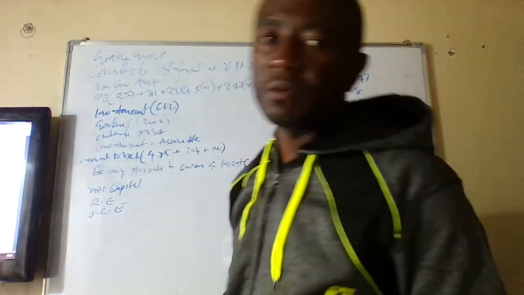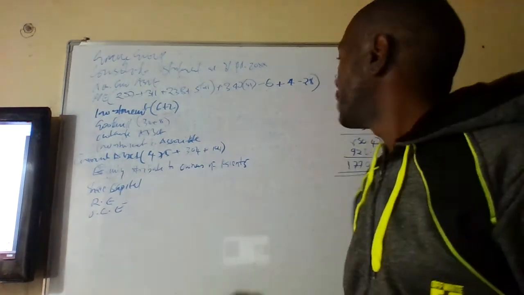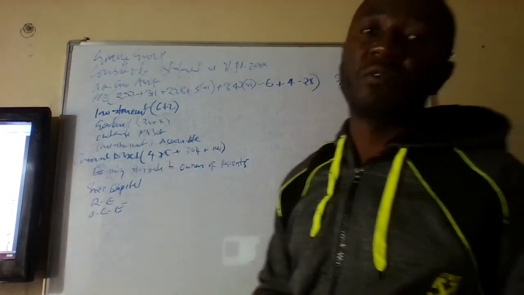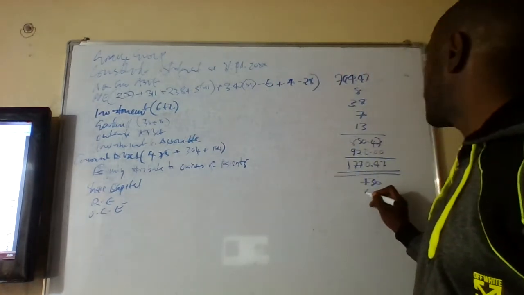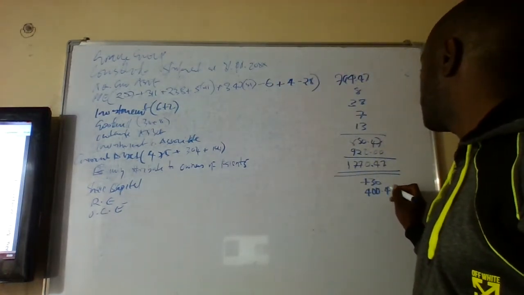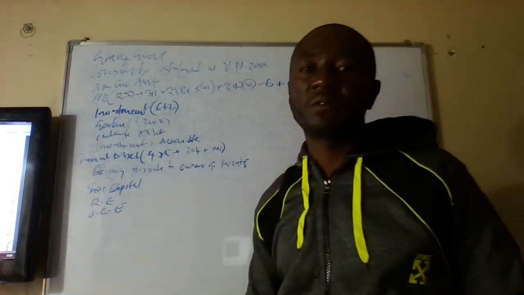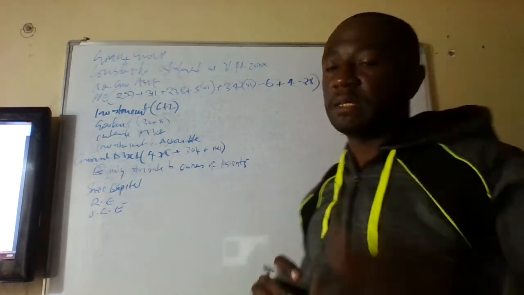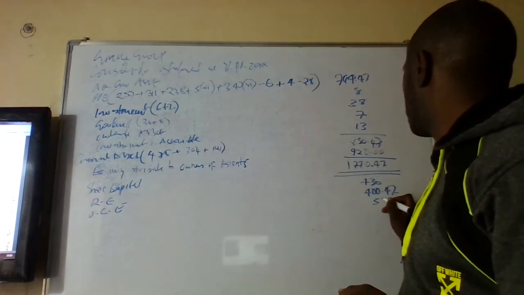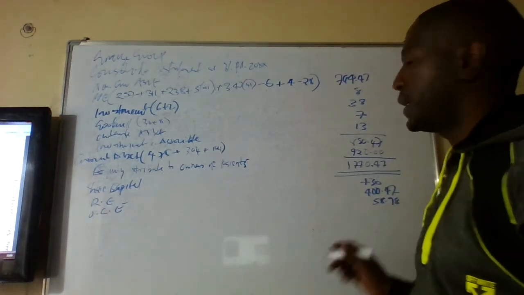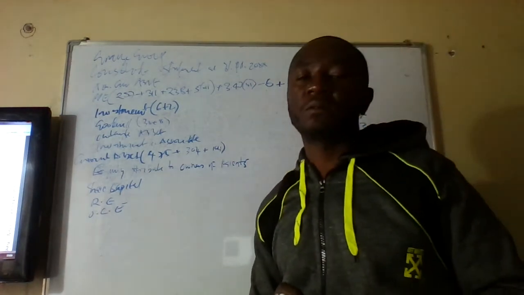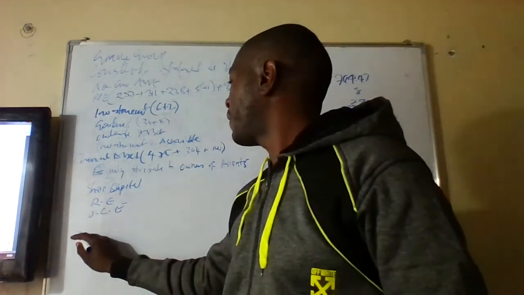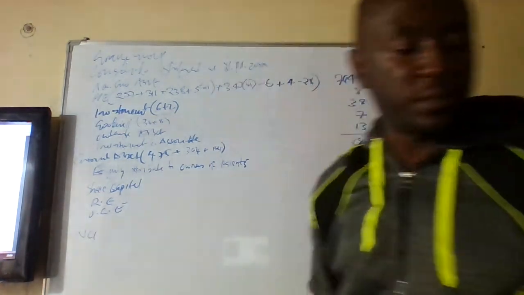Now, share capital, you get that in the question, and share capital in the question was given as 430. Retained earnings already calculated, remember, it was 400.47. And other components of equity was 58.98. We calculated that at 58.98.